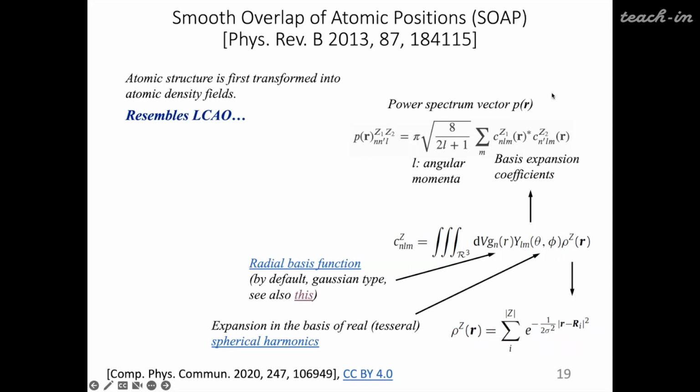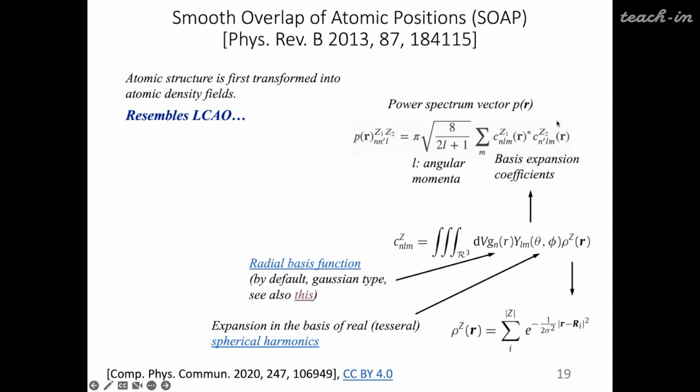It is the power spectrum of this vector, which is given by this formula. Although it looks complex, it can be computed automatically, and it is basically similar to some models used in quantum chemistry.